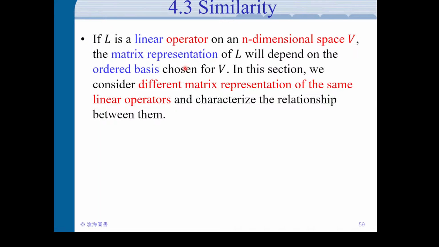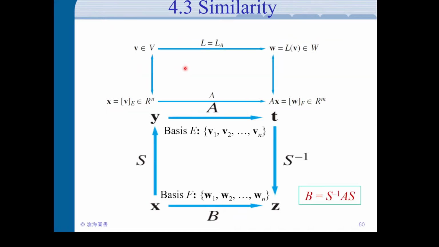So the idea is kind of this. We have our familiar square here, but we are doing a linear operation. Once again, we have L here, and we have A sub L. Here we don't really have W, so W is V, and if V is n-dimensional, then obviously this V here is also n-dimensional.